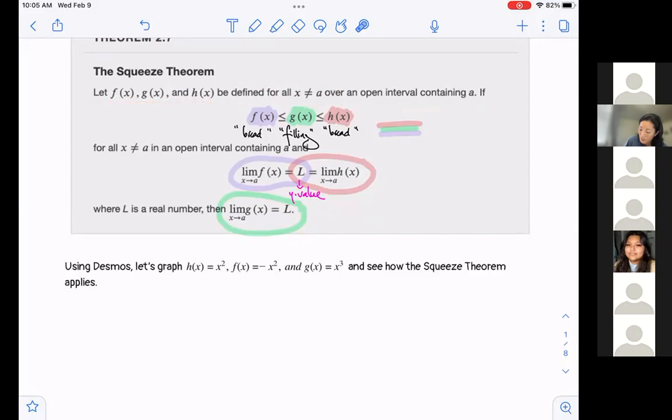If you have f of x is less than or equal to g of x is less than or equal to h of x, for all x not equal to a in an open interval containing a, and the limit for the bottom function is equal to the limit of the top function at x equals a, then the limit of the middle function also equals L as x goes to a. Okay.